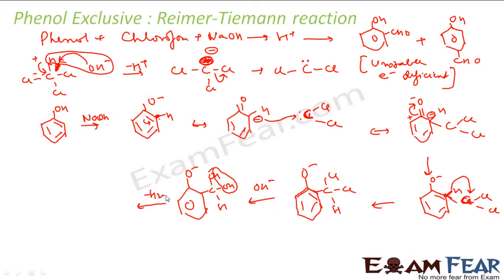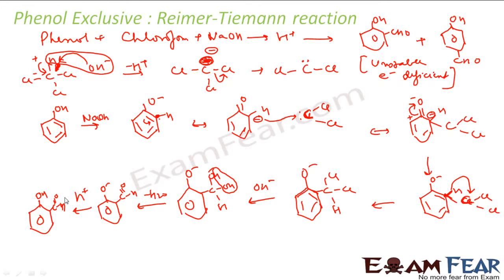You say minus H2O, what you get is this guy, O minus, CHO. And on this you just add a H plus. It will take care of O minus, and it will form something like this, OH and CHO. Correct. And this is called salicylaldehyde.